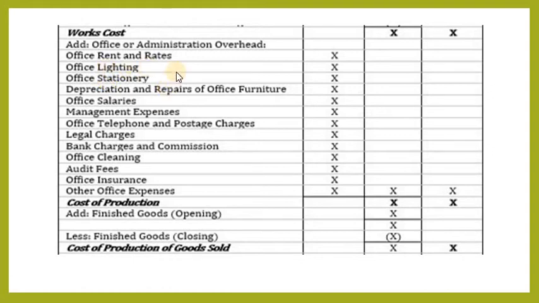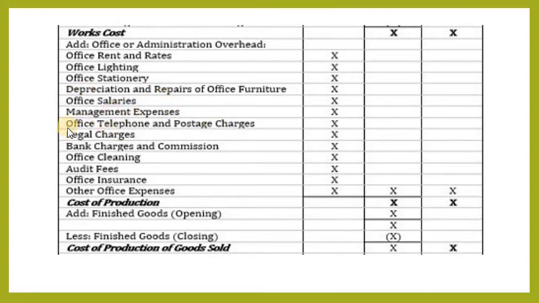The first one is office rent and rates, office lighting, stationery, depreciation and repairs of computer and office furniture. Here also mentioned clearly the office furniture, then we are including in this one.